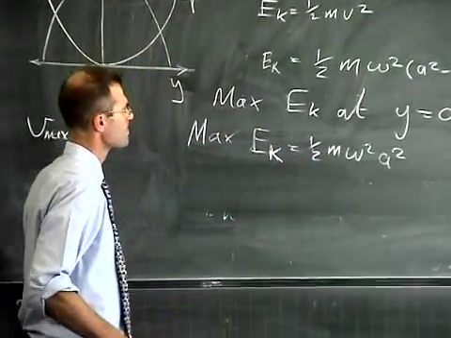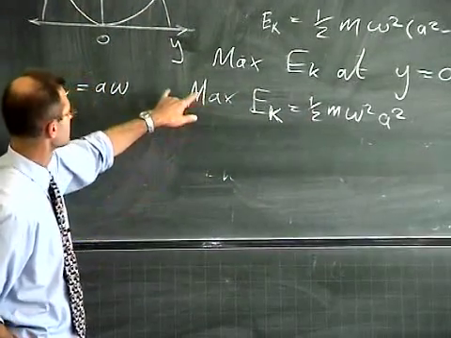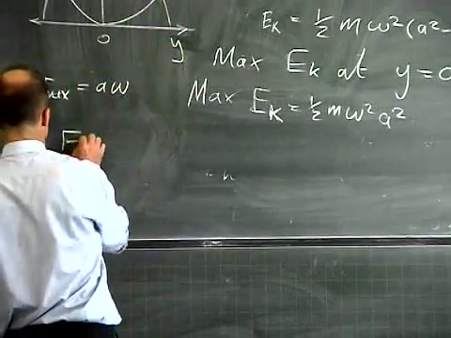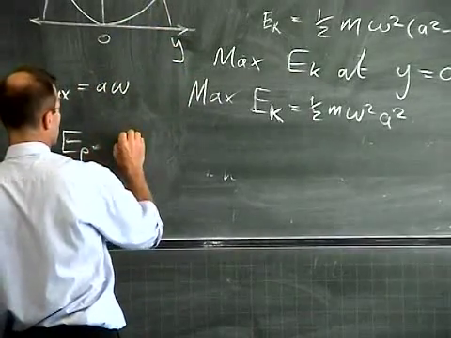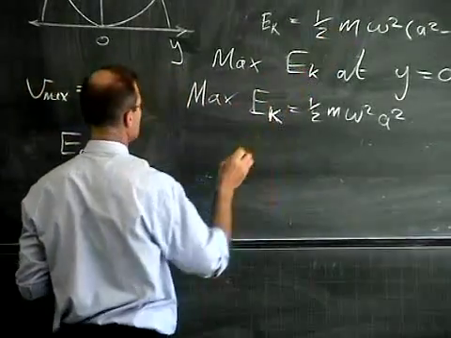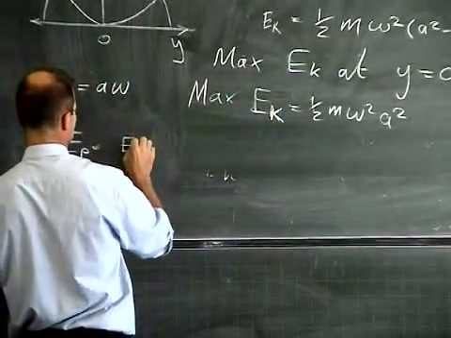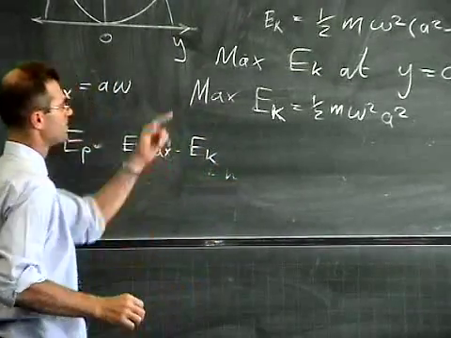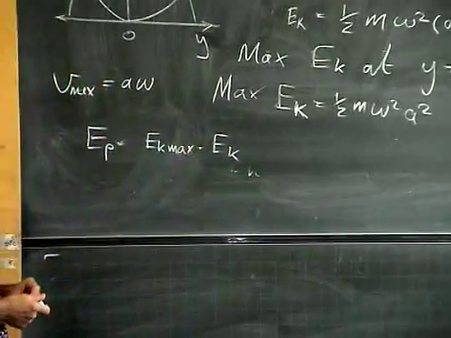So that's maximum EK. To get the potential energy, it is going to be that maximum EK minus the kinetic energy at any point.